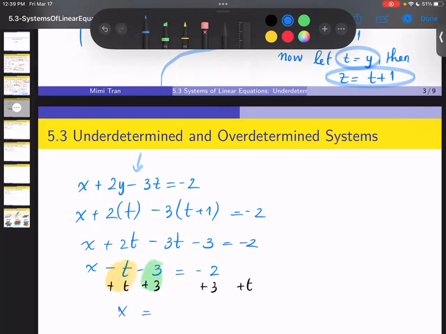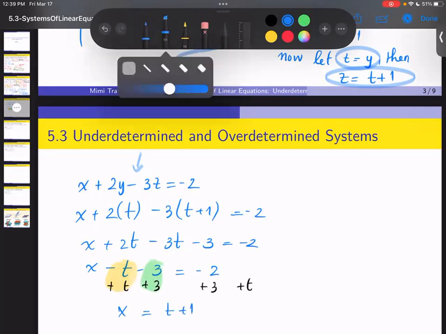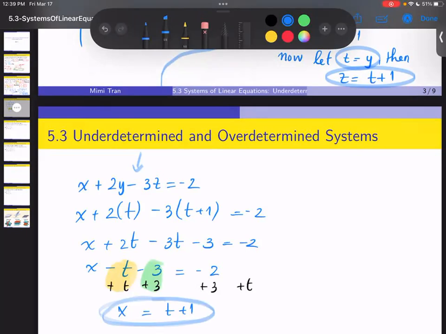So x equals t plus 1. That's why we use the parameter t. Everything is based on t. x or z, y or z, it's confusing.